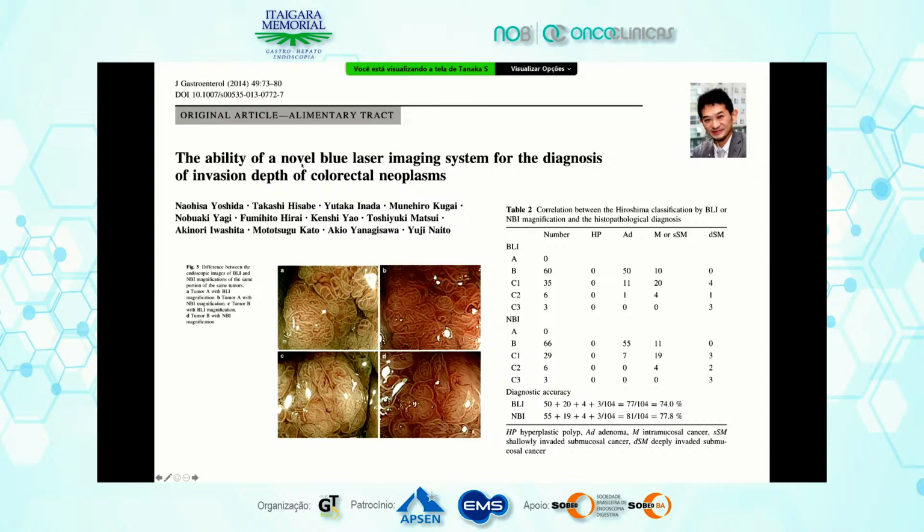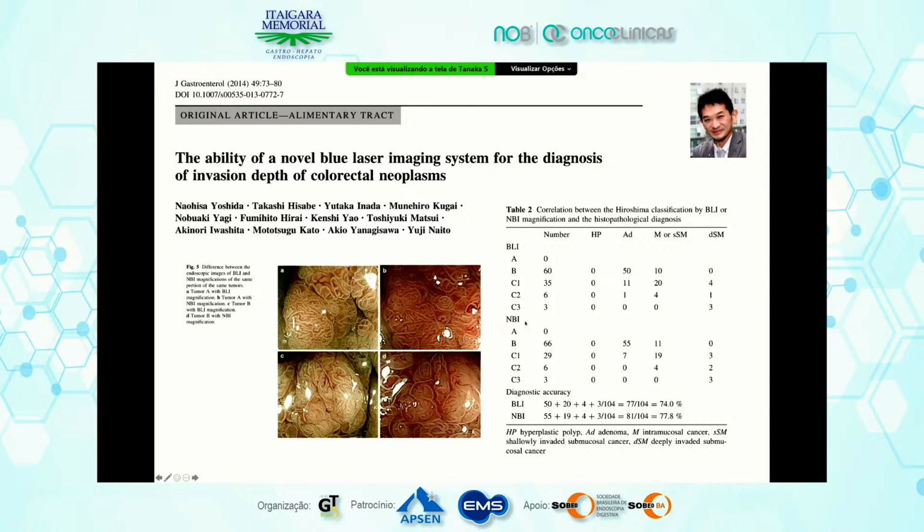He proved NBI and BLI show the same diagnostic ability. Using the Hiroshima classification, he proved the same diagnostic ability of BLI and NBI.